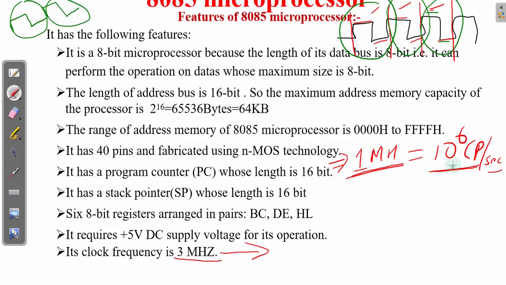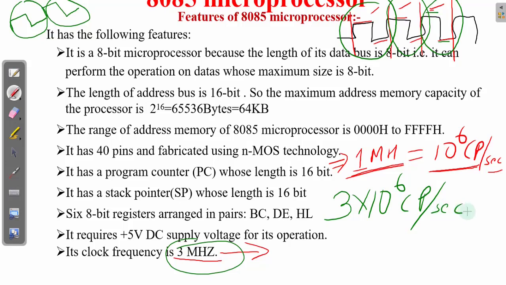So what I am trying to say is that your microprocessor is working on a 3 megahertz clock, meaning 3 into 10 to the power 6 clock pulses in 1 second. These many clock pulses pass in 1 second, and on these clock pulses you can execute instructions.